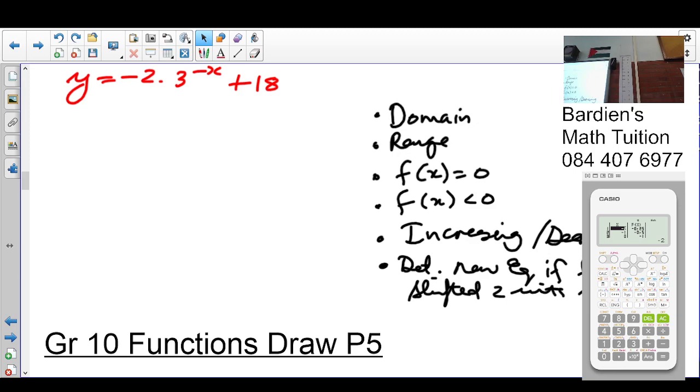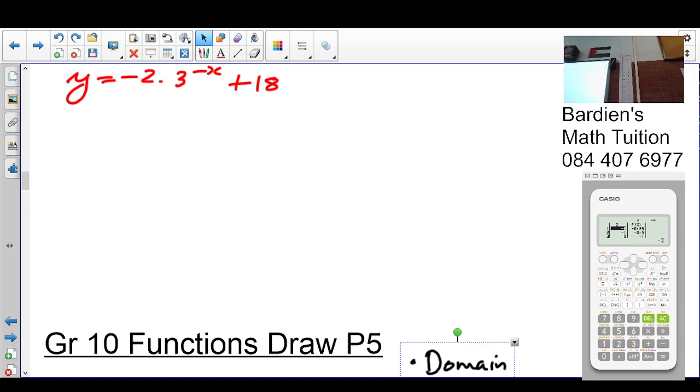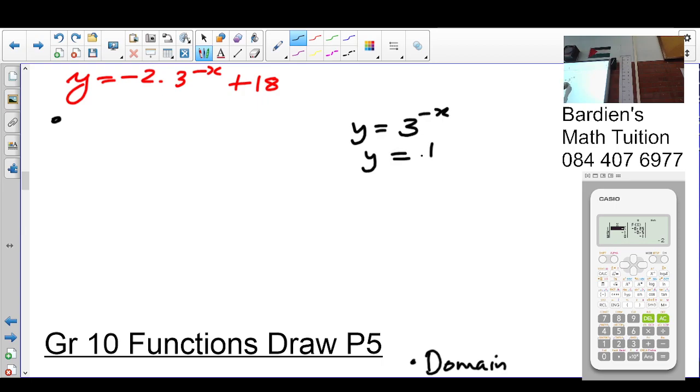When we stopped, we start off with the shape of this graph. So 3 to the minus x is the same as y is equal to a third to the x. Now is that increasing or decreasing?